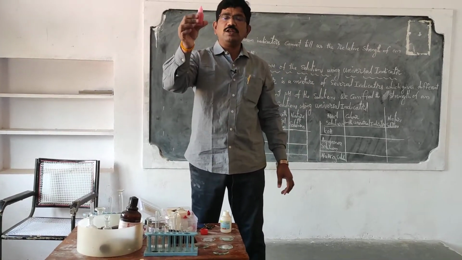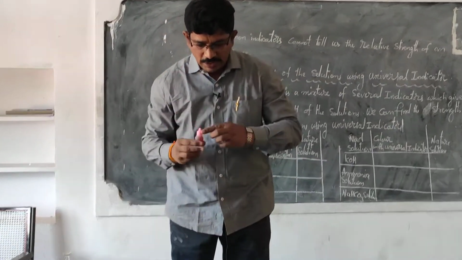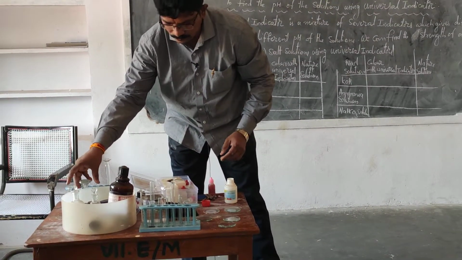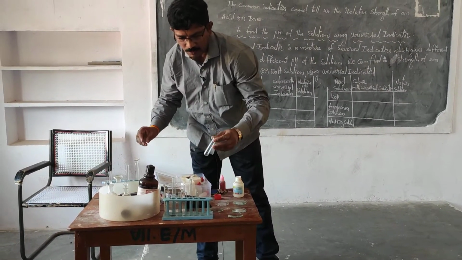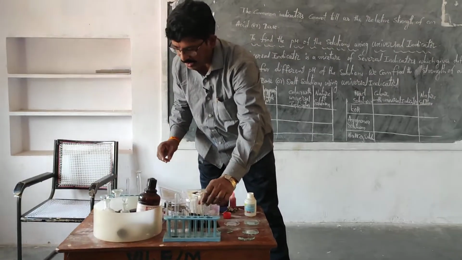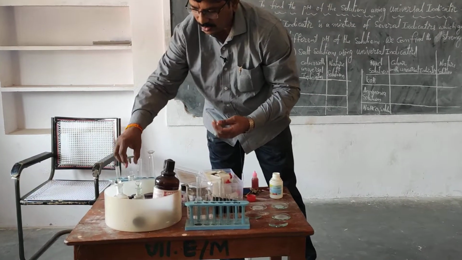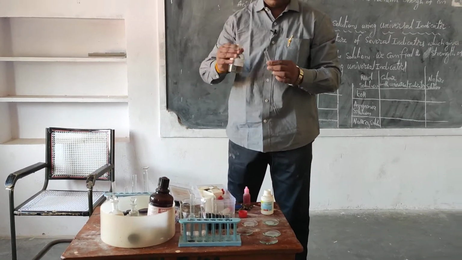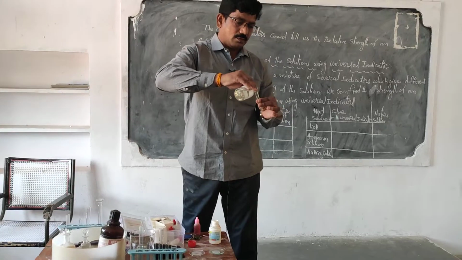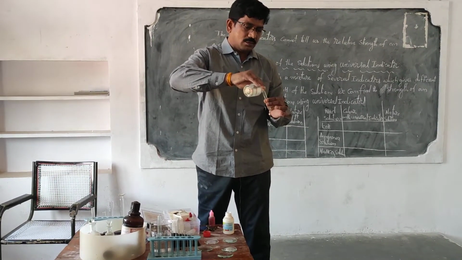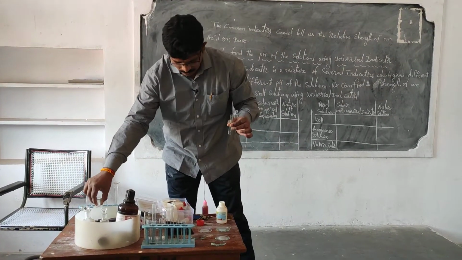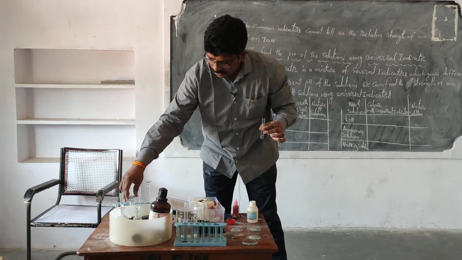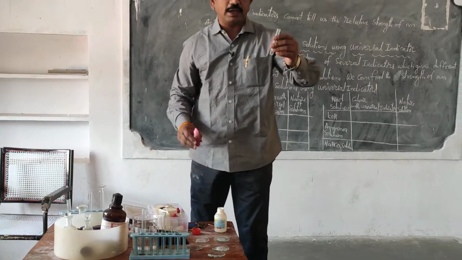This is the methyl orange indicator. I am testing the given solution with the methyl orange indicator. See, do you find any change in the color or not? Look carefully. I am taking sulfuric acid in the test tube.